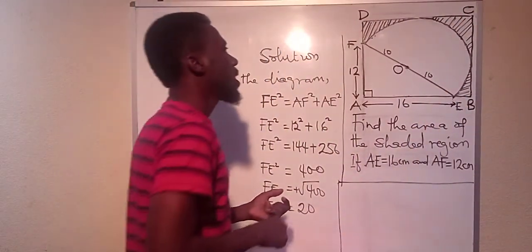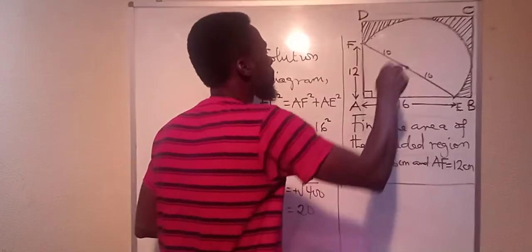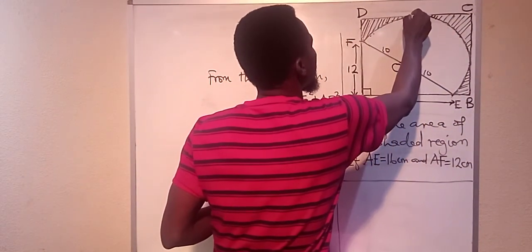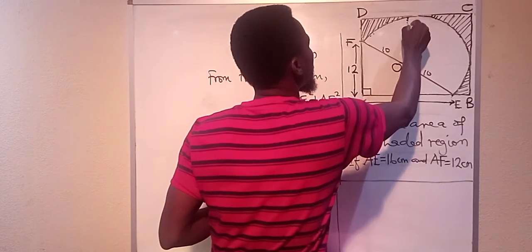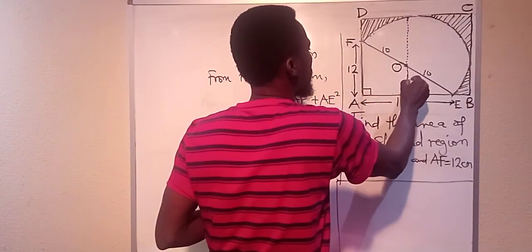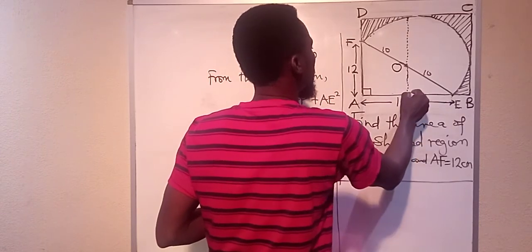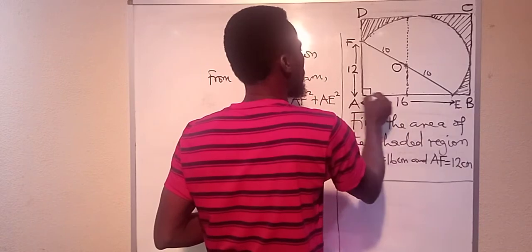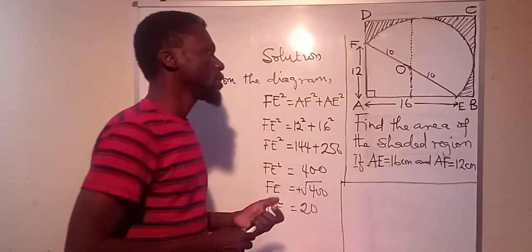All right. Now let's put some dotted lines over here from here to join this part. You could see that from the center, this line actually divides AE into two.